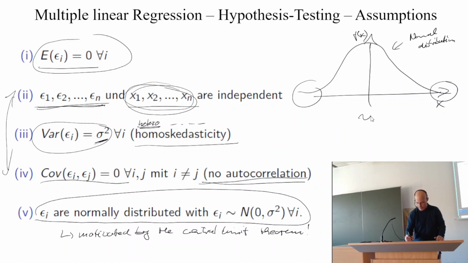Remember, this is roughly f of x equals e to minus x squared. And you know the exponential function, this goes very, very fast in the neighborhood of 0. And here you even have also the square.